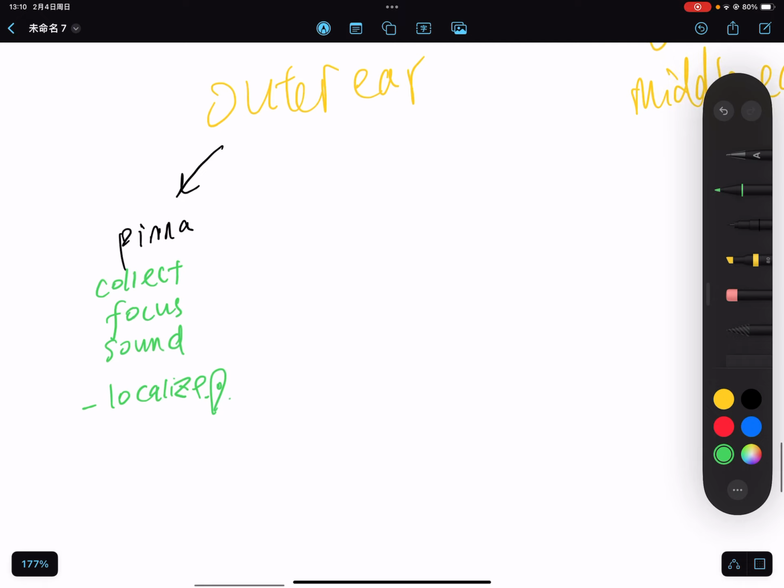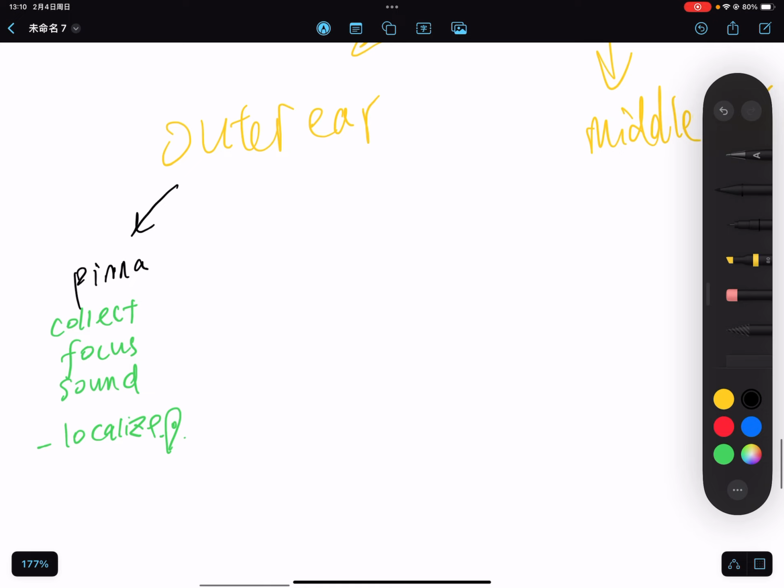And the sound collected by the pinna is channeled through the auditory canal, which ends at the tympanic membrane, or what we call the eardrum, the boundary between the outer and the middle ear.